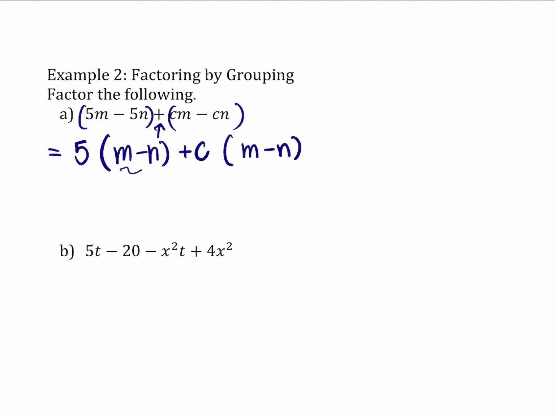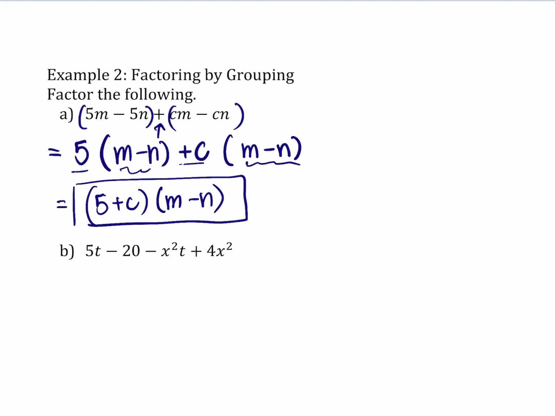And you'll notice, wow, if these two are the same, basically what I'm able to do is now group these two together and multiply it to m minus n. And that's the complete factorization. So that's only if the binomial inside of the parentheses are the same for each of them.